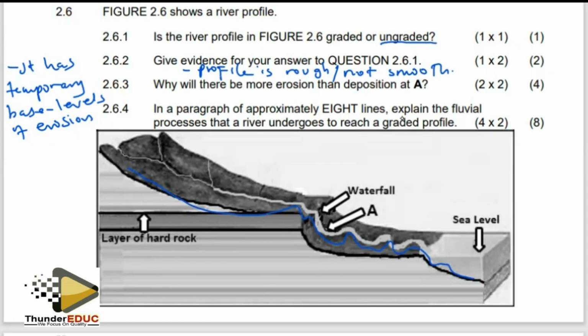So 2.6.3, why will there be more erosion than deposition at A?